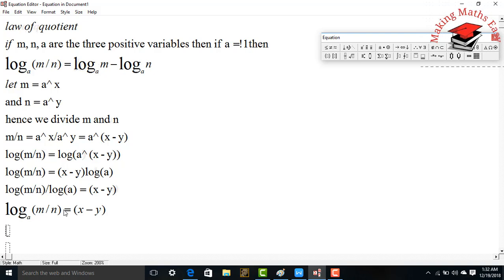Okay, so now we have to do one thing: put the values of x and y as I showed you in the law of product.